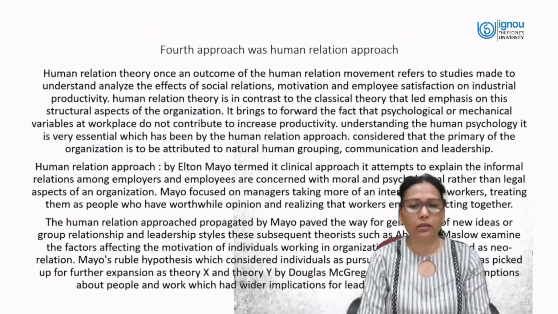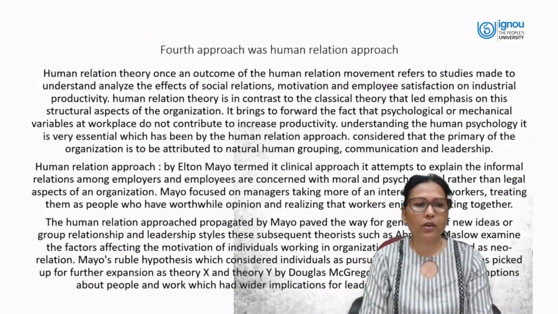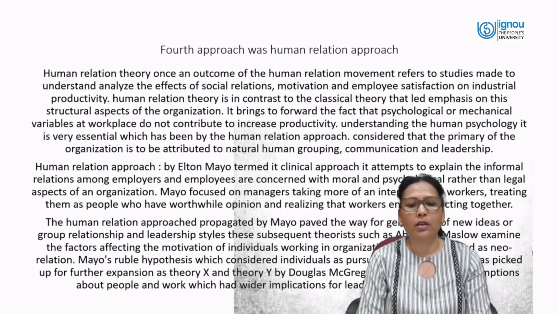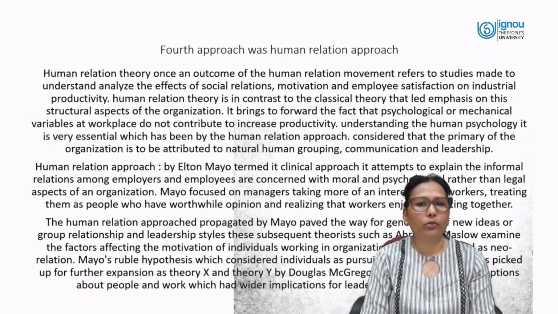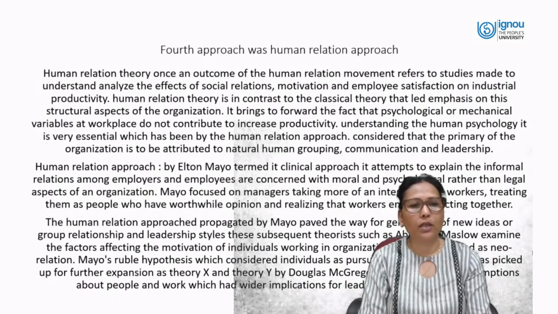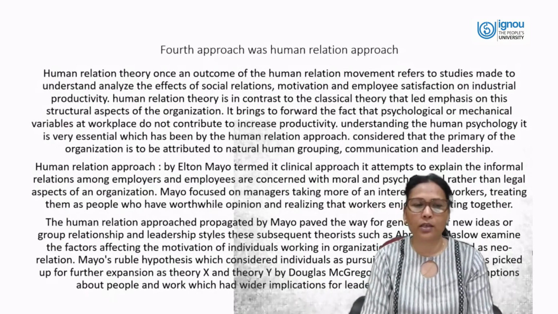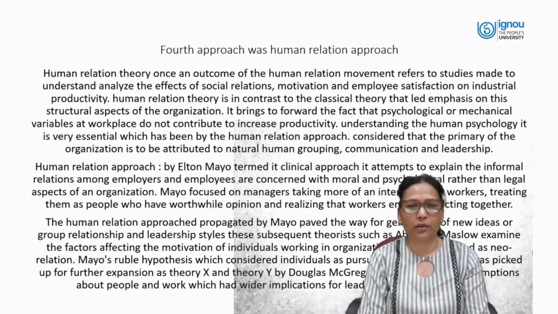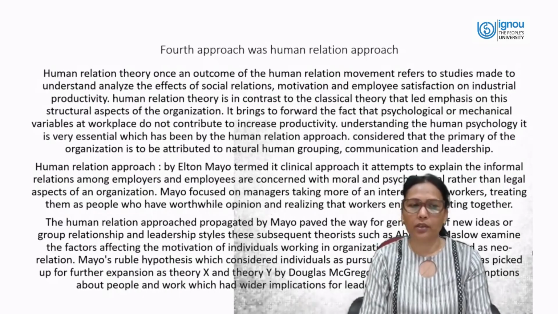Further in this session, the fourth approach was the human relation approach. Human relation theory we have already discussed in all our previous classes. I'm just going through all the approaches for revision. Now, human relation theory, an outcome of the human relation movement, refers to studies made to understand and analyze the effects of social relations, motivations, and employee satisfaction on industrial productivity.